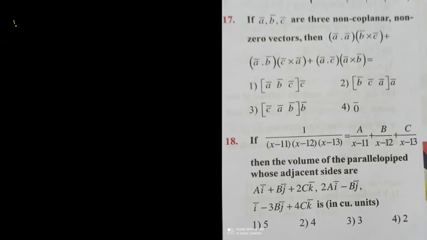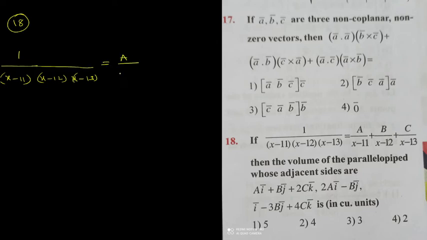Question number 18. Given 1 by (x minus 11)(x minus 12)(x minus 13) equals a by x minus 11, b by x minus 12, c by x minus 13.